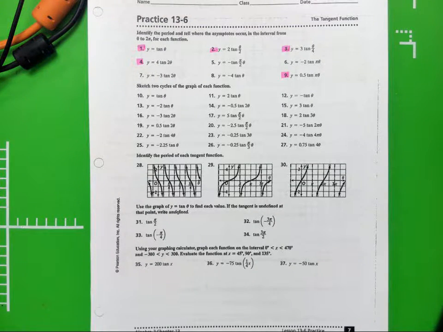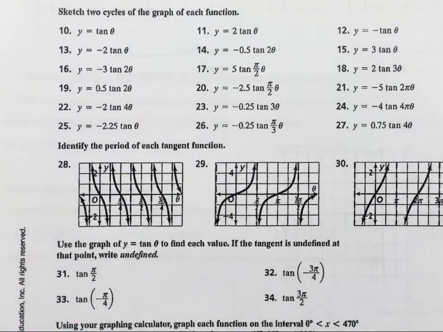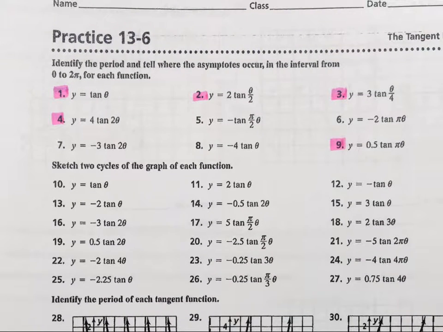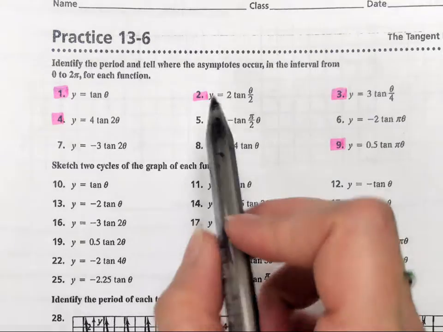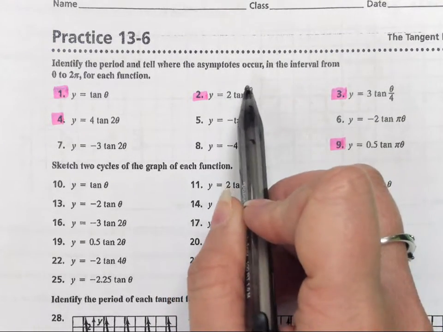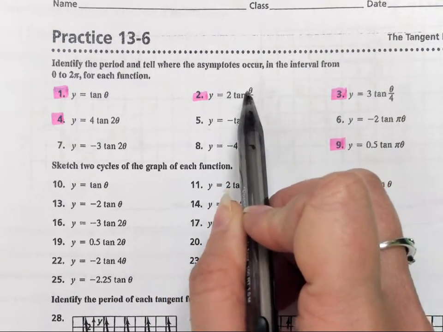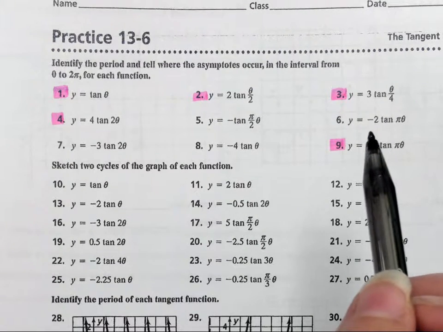Alright, so let's look at number 2 real quick. So a lot of y'all are going to freak out about the way that looks. I can rewrite this right here. This theta over 2, how can I rewrite that?